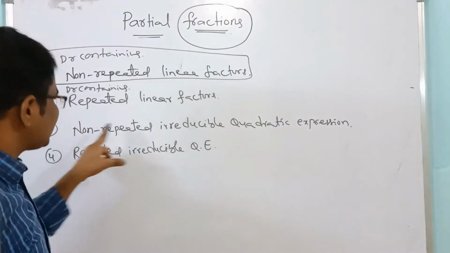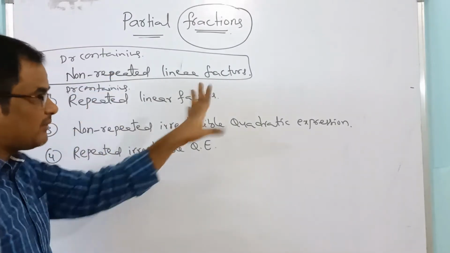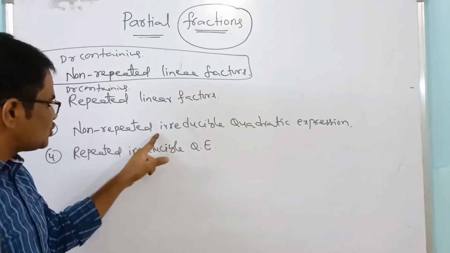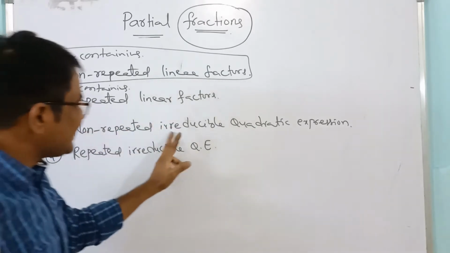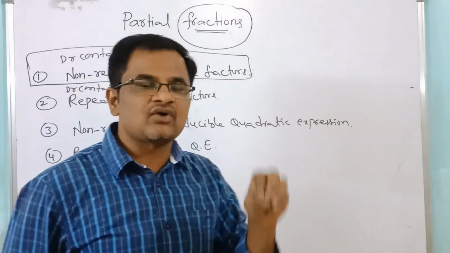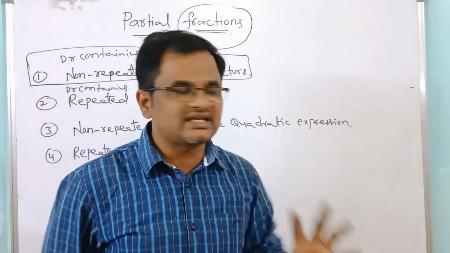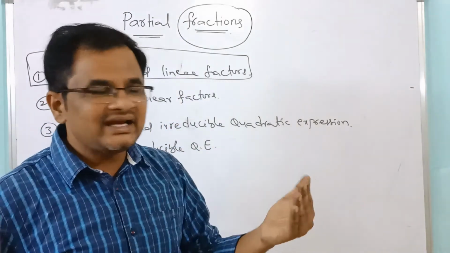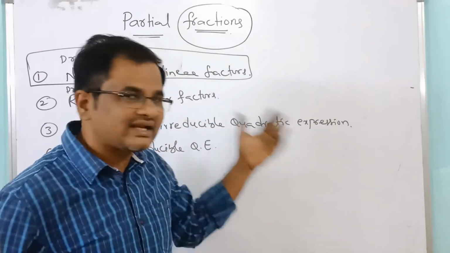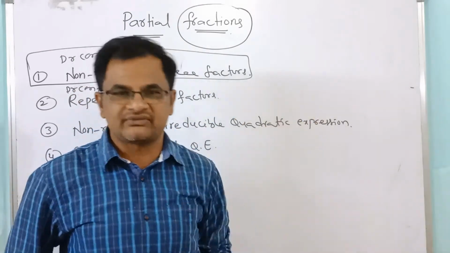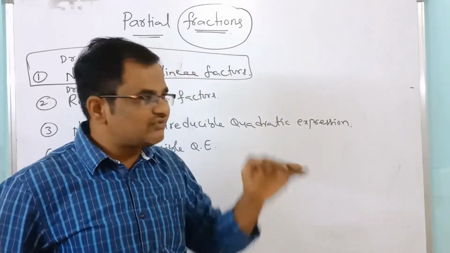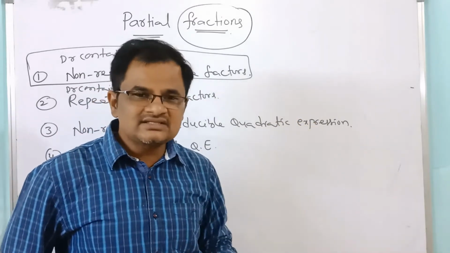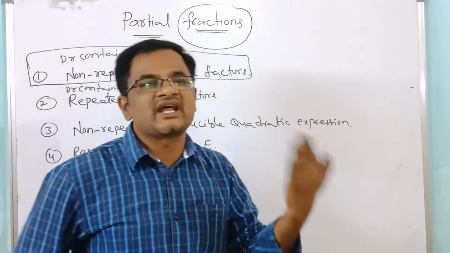Next, third one is non-repeated irreducible quadratic expression. Non-repeated. So denominator containing, in all these denominators only we are observing. So non-repeated means that should not repeat. Irreducible. What is irreducible? Means a quadratic expression which has no factor is called what? Irreducible. Right? Means we can't write that quadratic expression as a product of two linear factors. Otherwise, discriminant for that quadratic expression is less than 0. Otherwise, non-factorizable.